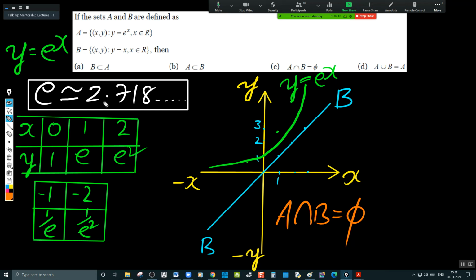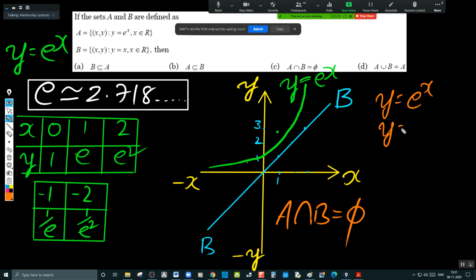We want to solve it algebraically. Miloni was asking, sir, did you equate y's? Yes, we have to equate y's only. Equating y's means simply that we are solving the two equations. Solving the two equations means here it goes like this: y is equal to e power x and y is equal to x.